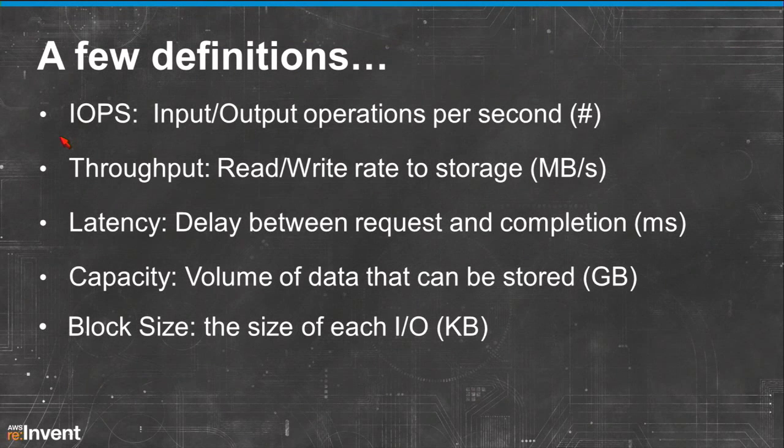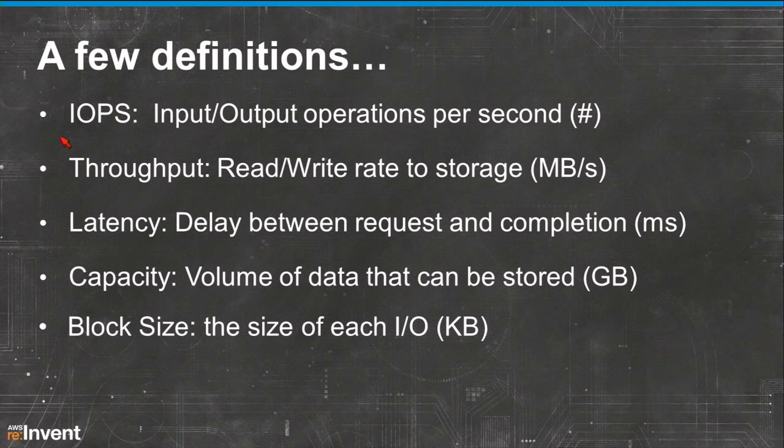But to set a basis, I/O operations are the individual transits of data to and from a storage device. We measure those typically in the number of them we can get done per second, hence IOPS. Throughput is the total aggregate of the data we've moved. Since each I/O can happen at a different size, we also want to measure the megabytes per second or gigabytes per second of throughput that we can deliver.